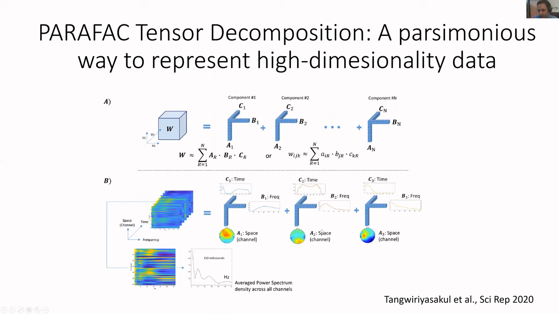So each tensor component provides a frequency and a time plot on the other dimensions. This was first published in Scientific Reports by this guy whose name is very difficult to pronounce, Tangiri-Yasakul.